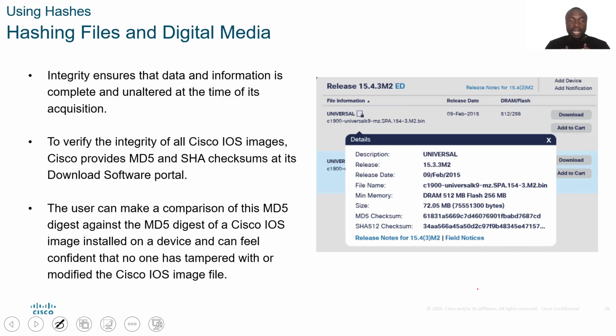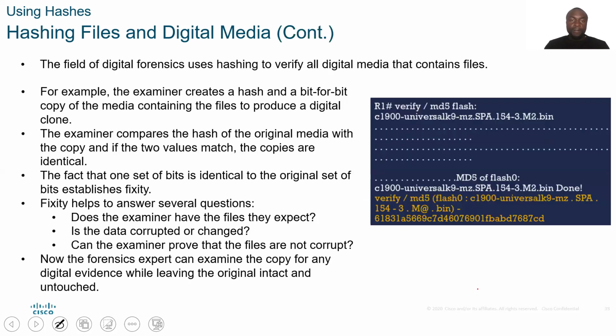A user can compare this MD5 digest against the MD5 digest of a Cisco IOS image installed on a device and can feel confident that no one has tampered with it. Okay, so we're going to see how it works.